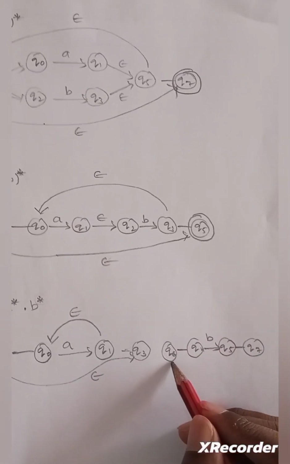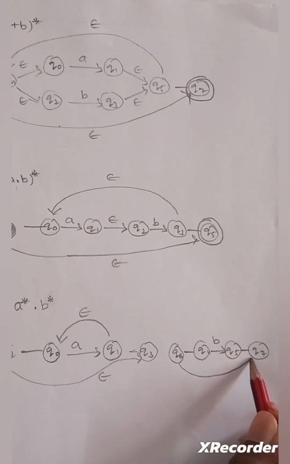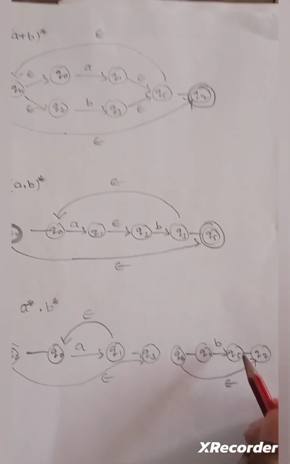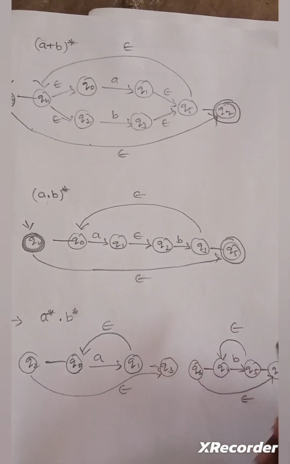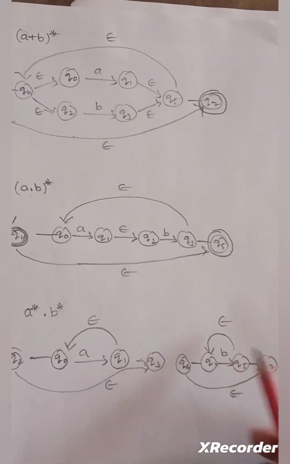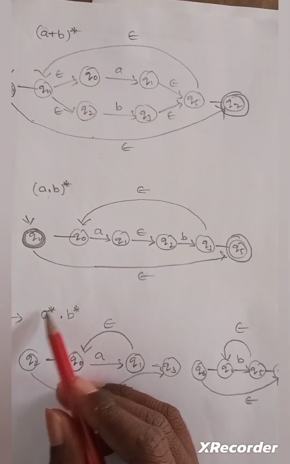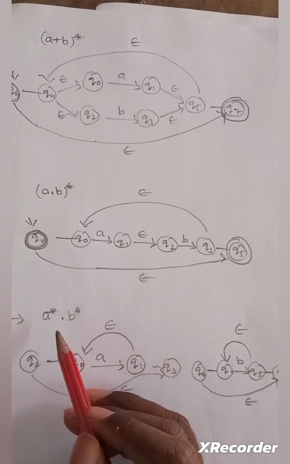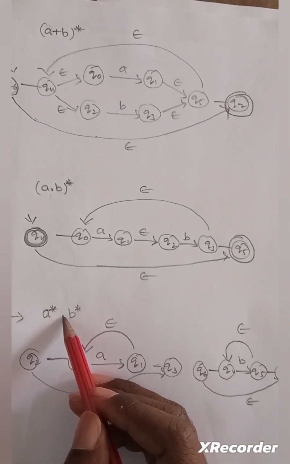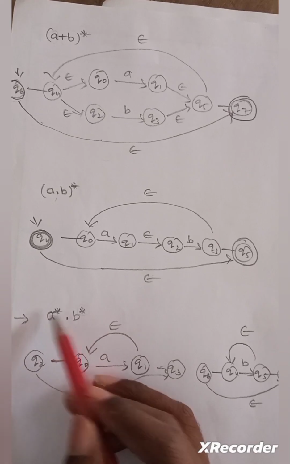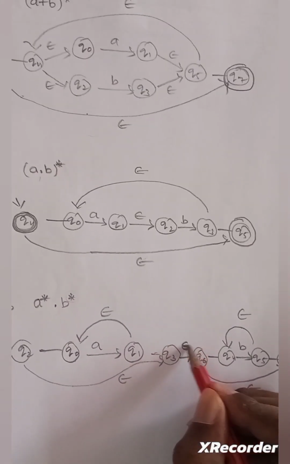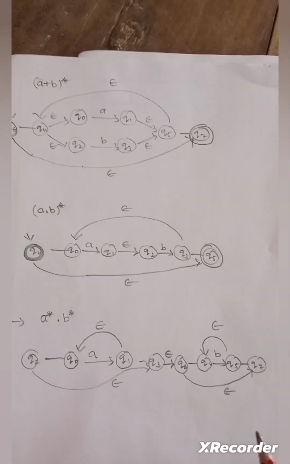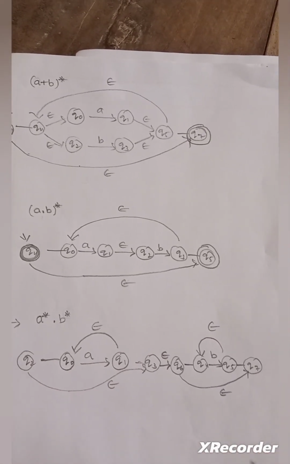After this we connect q6 to the last state by epsilon, and the second state from the ending to the second state from the beginning by epsilon, right? This is how b star looks. And in between a star and b star we have dot. So whenever we have dot in between two input symbols, we connect these two states by epsilon. So this is how a multiple closure dot b multiple closure looks.